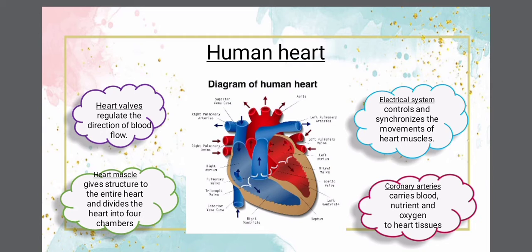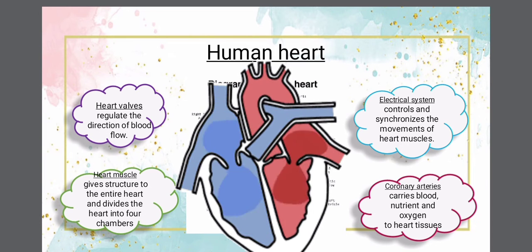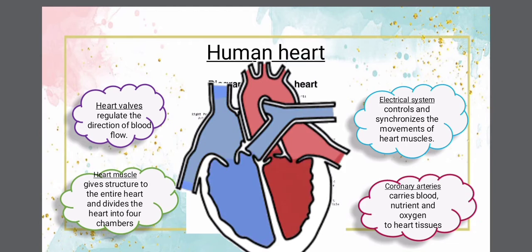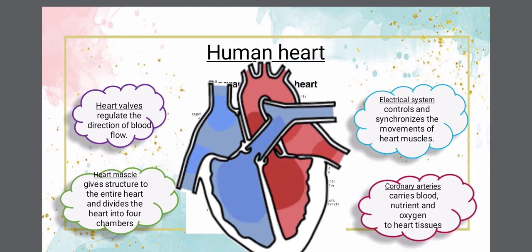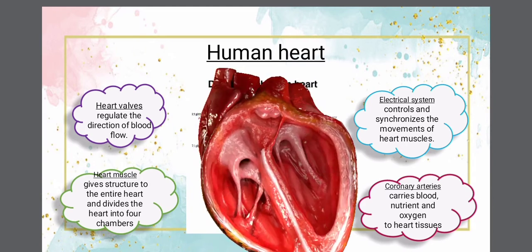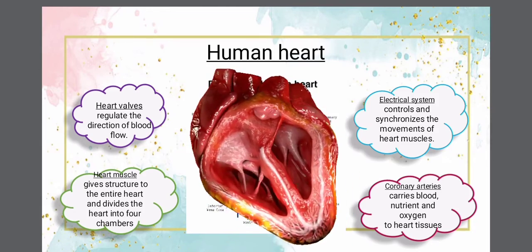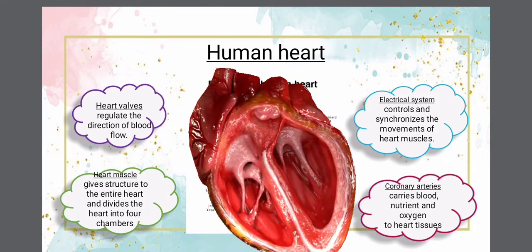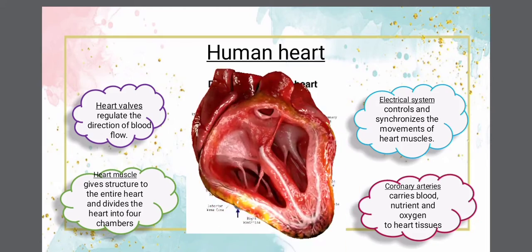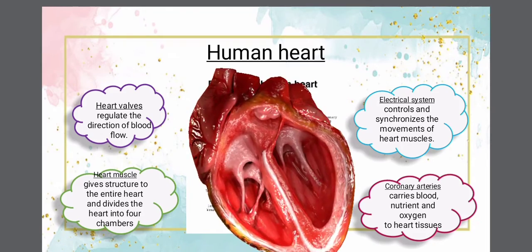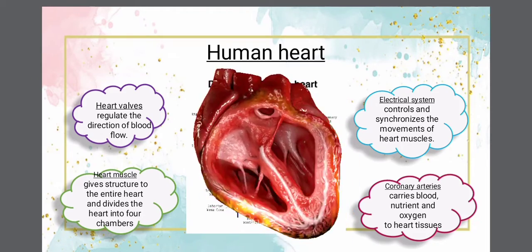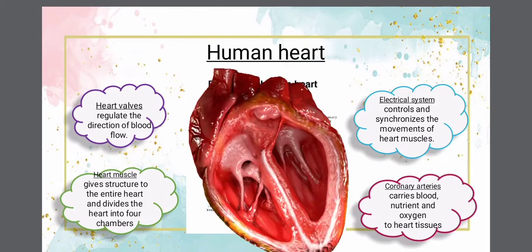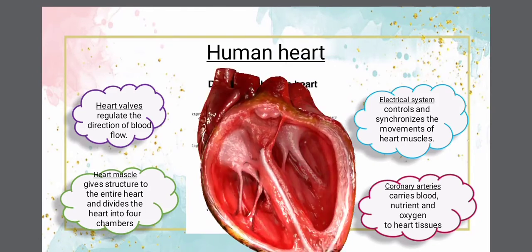Human heart. Human heart consists of four main components. First, heart valve. Heart valve function is to regulate the direction of blood flow. Second, heart muscle. Heart muscle gives structure to the entire heart and divides the heart into chambers: left atrium, right atrium, left ventricle, and right ventricle.